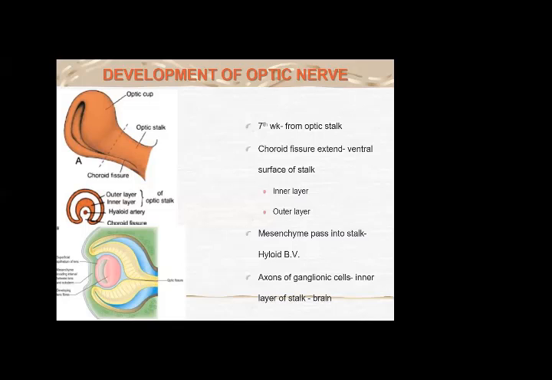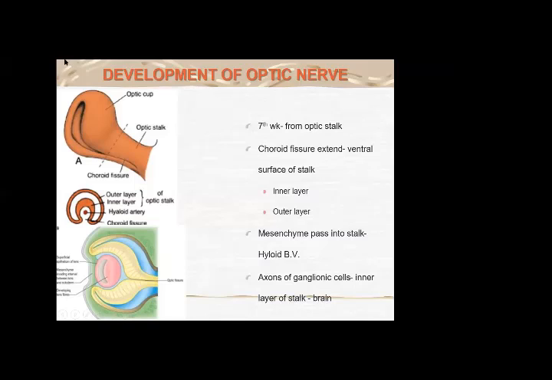When this choroid fissure develops, inside the fissure you also have the outer layer and the inner layer. This extends into the choroid fissure as well. And as I said earlier, this mesenchyme enters into the choroid fissure, and this is vascular mesenchyme that develops into hyaloid blood vessels.